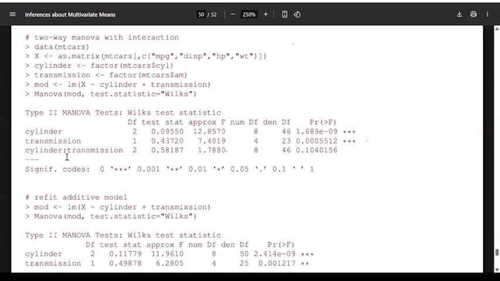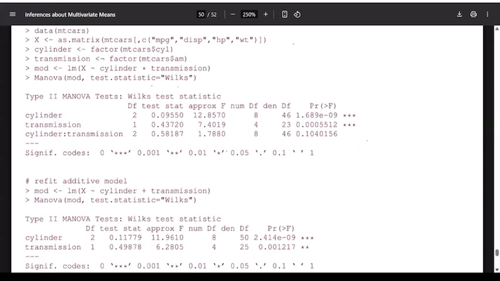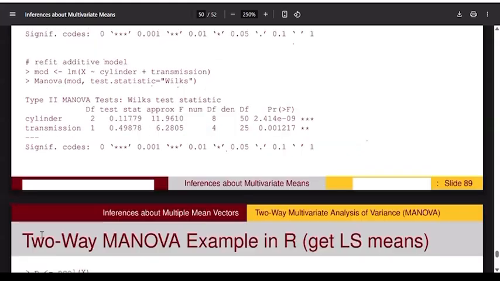And that is why you see the interaction not being significant, which means I can run a new model where I'm going to exclude the interaction. This is the new model now without interaction. Look at the new model that I'm fitting.